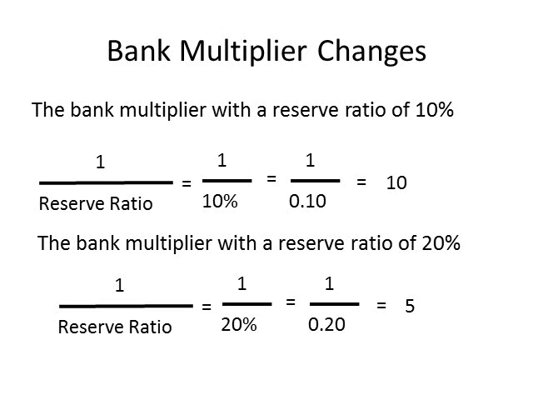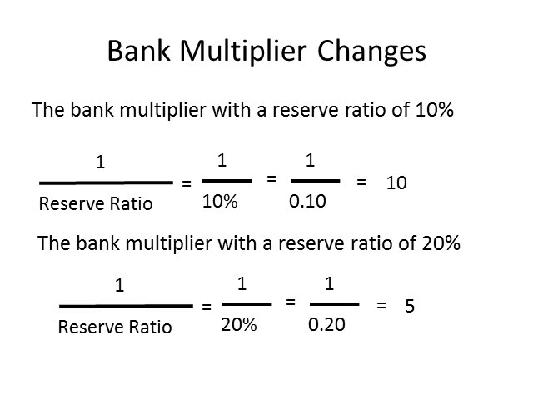With a bank multiplier of 10, any loans that the bank makes will increase the money supply by a factor of 10. After the change in reserve ratio, the bank multiplier was 1 divided by 20%, or 1 divided by 2/10, which gives a bank multiplier of 5.